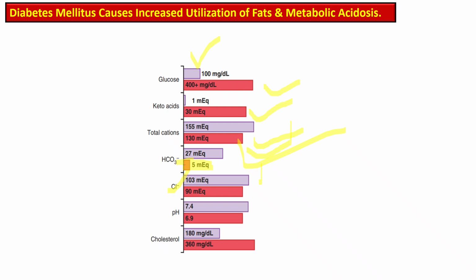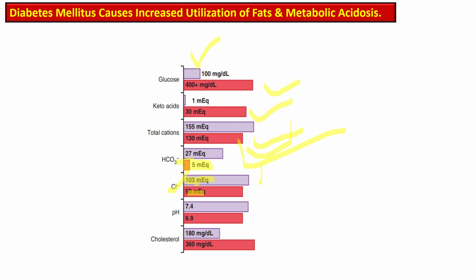The drastic drop is due to buffering of the acids in the condition of acidosis. Then chloride, which is normally 103, decreases to 90 milliequivalents, and this slight decrease is due to a shift in electrolyte balance.